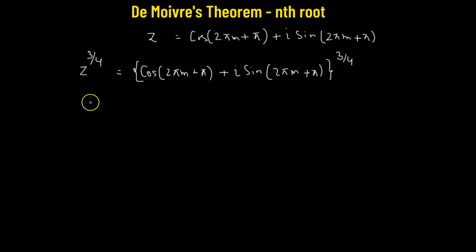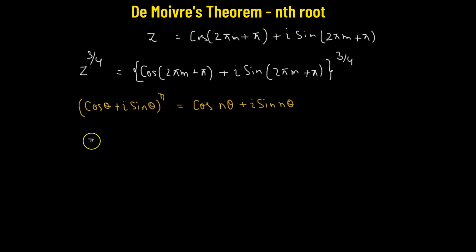Now here we can apply De Moivre's theorem, which simply states that whenever we have cosine theta plus iota times sine theta, whole raised to the power of n, this is equal to cosine of n theta plus iota times sine of n theta.